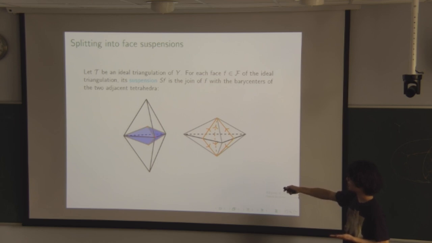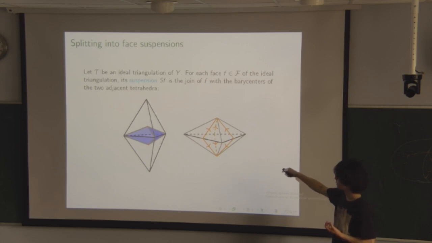Then we can take a suspension of this face, basically taking the join of this triangle with the two barycenters of the top and the bottom tetrahedra. This is what we call the phase suspension, and we're going to put this specific boundary marking on each phase suspension. Note that this boundary marking has two sink vertices of degree 3 and 3 source vertices of degree 2.